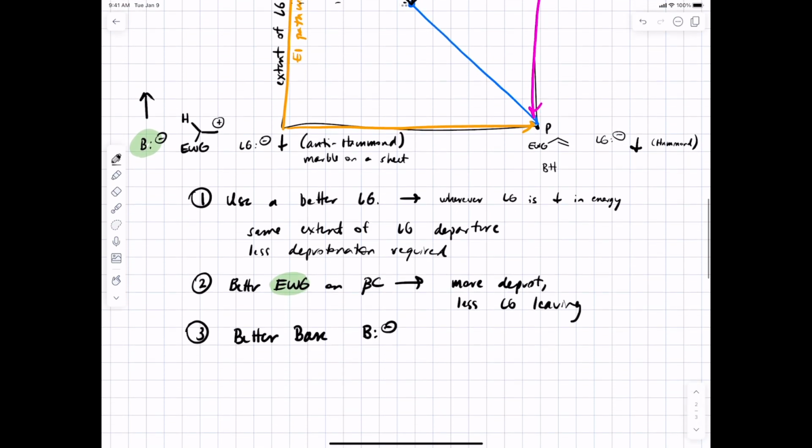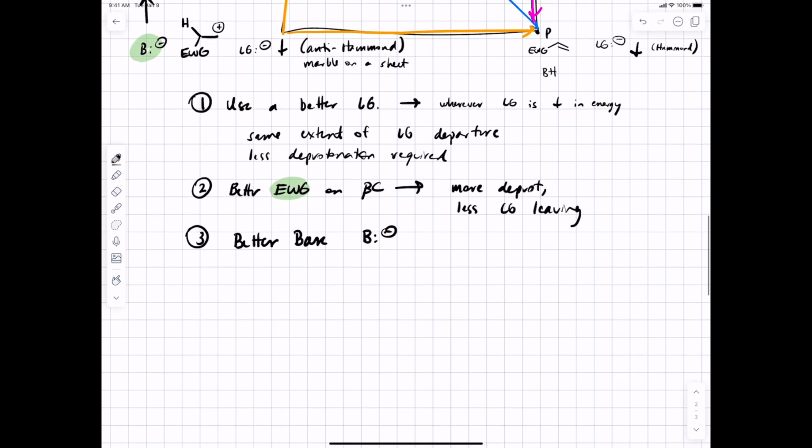Again, that's kind of counterintuitive. We think that using a better base should cause more deprotonation to happen, but actually we see the same extent of deprotonation, but less leaving group departure required for that deprotonation to happen.